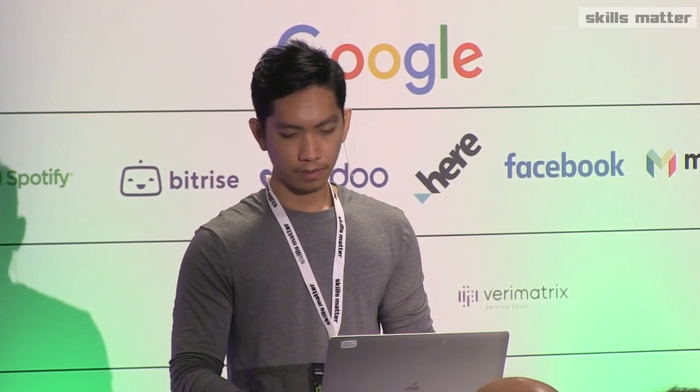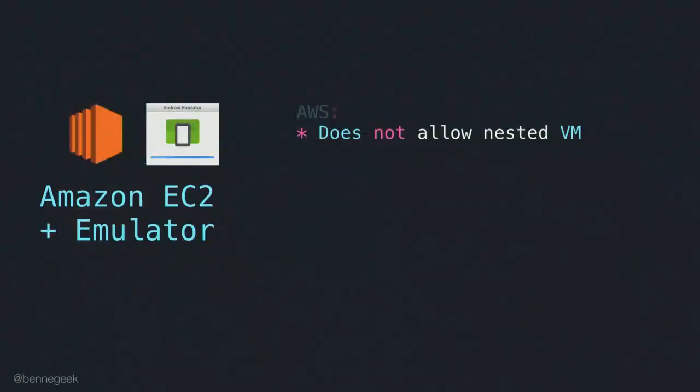And there's one note that I should probably talk about, which is for using Amazon EC2 plus Android emulators. If you want to set your benchmarking in AWS, it does not allow nested VMs. So the emulator is a virtual machine, and Amazon instances are also virtual machines. It does not allow nested VMs.